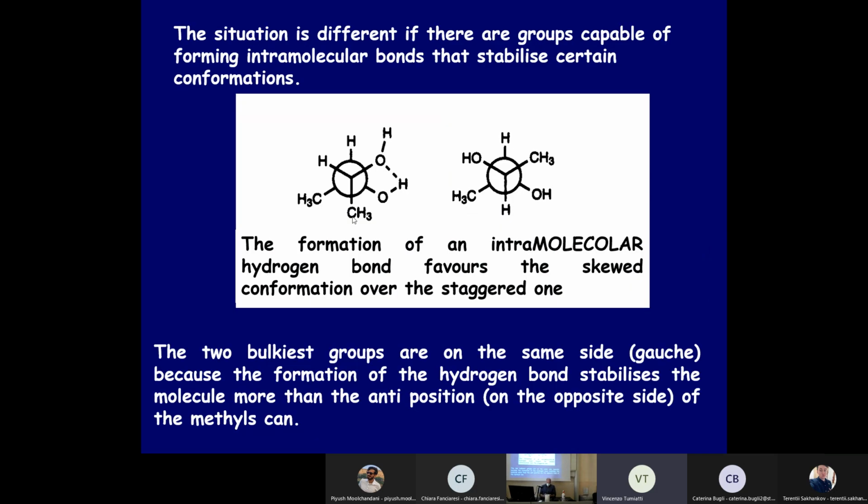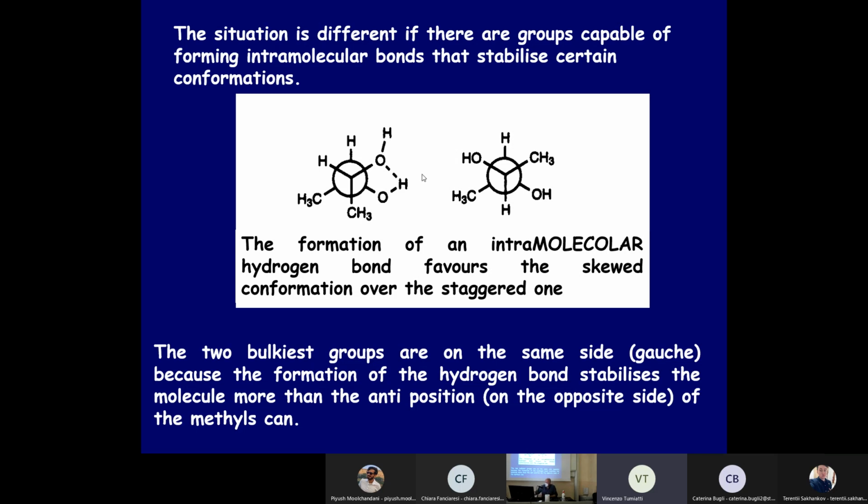There are exceptions, yes. Here you can see one of these exceptions, when there is the formation of a particular intramolecular hydrogen bond inside the molecule. In this case, we have two OH groups on the same molecule able to stabilize a particular conformation instead of the anti-conformation.